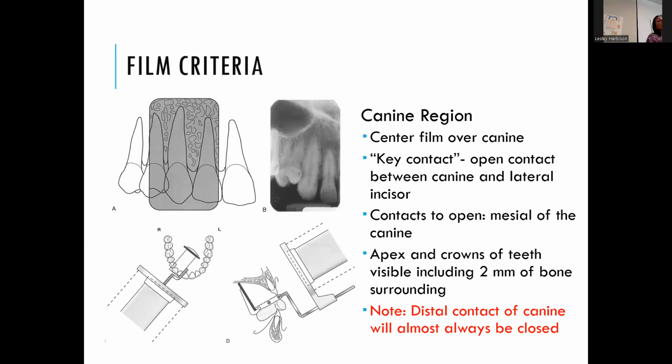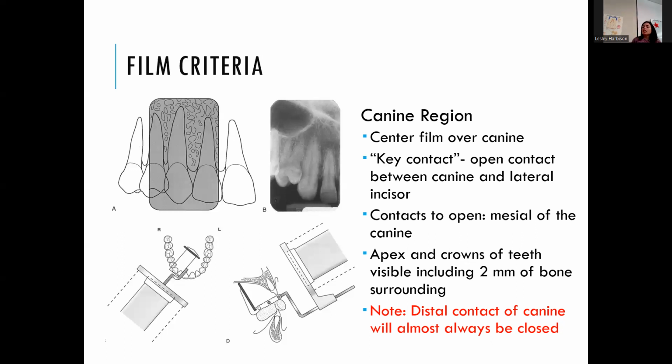That's your one exception for horizontal angulation. That's the one film where you don't have to mark horizontal angulation error if it's distal to the canine. It's the only film we do that on, because we're on a corner, and unless somebody has a very broad, wide arch, you're not going to open those contacts very likely. So that's the only exception.